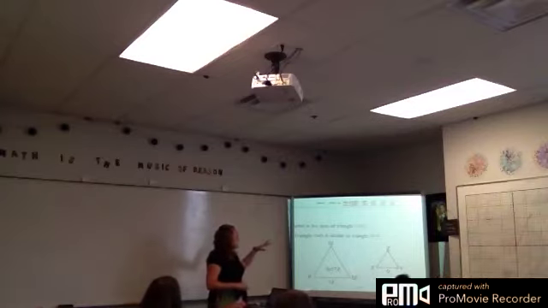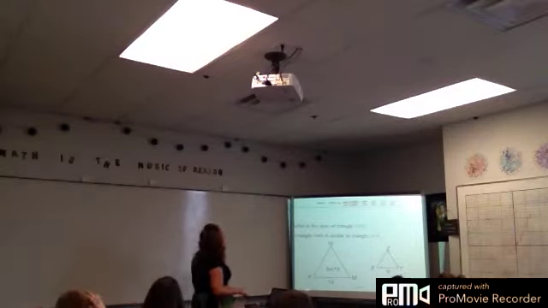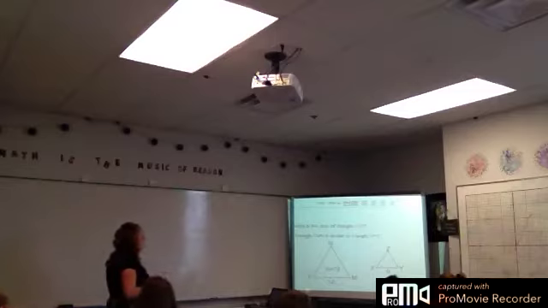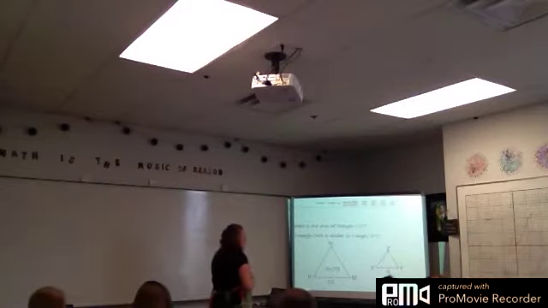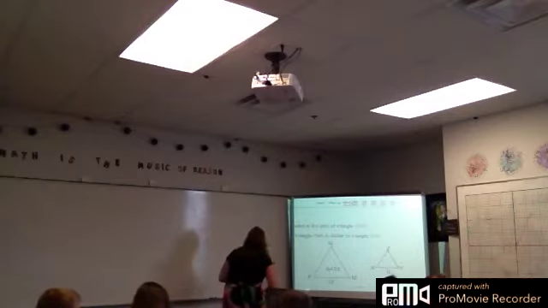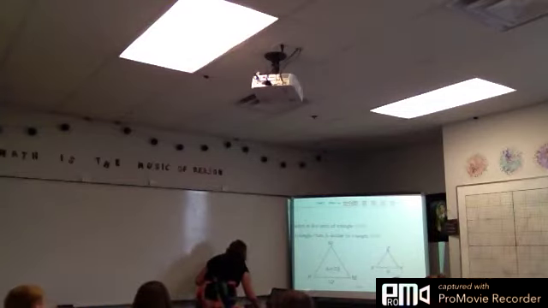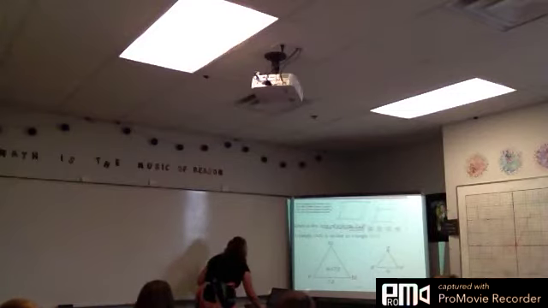So it says, what is the area of triangle XYZ? It says triangle FMN is similar to triangle XYZ, okay? So, according to my similar polygons theorem, it says that if two polygons are similar, then the ratio of their areas is equal to the ratio of the squared lengths of any pair of corresponding sides.